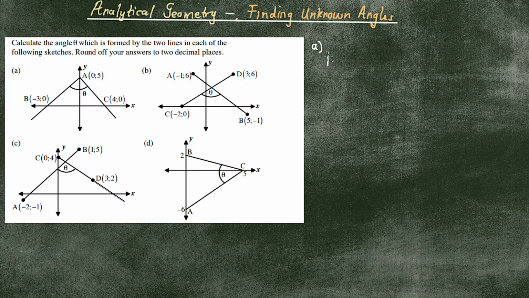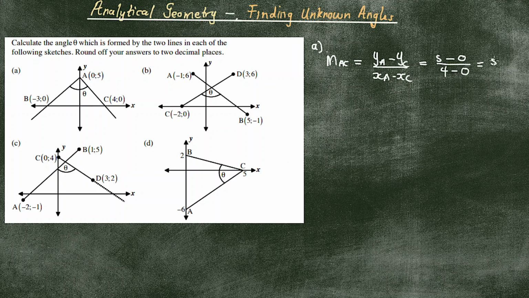So starting with AC, gradient AC is equal to YA minus YC over XA minus XC, equal to: YA is 5 minus YC, that's 0, over XA, 4 minus XC, that's 0.